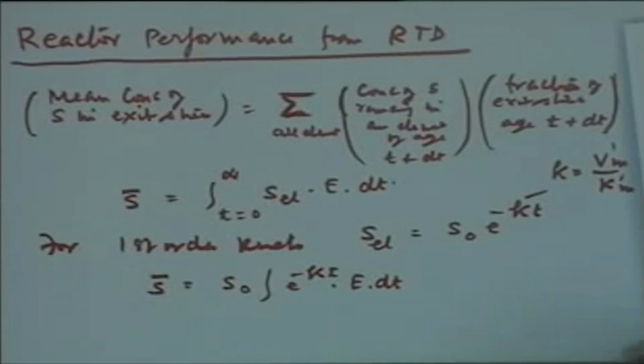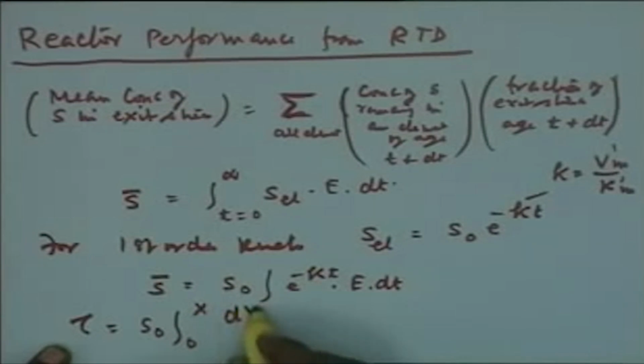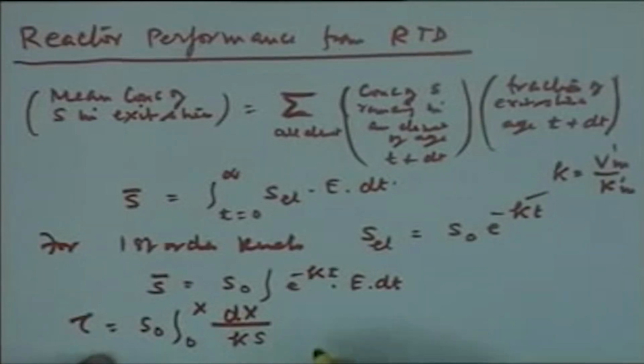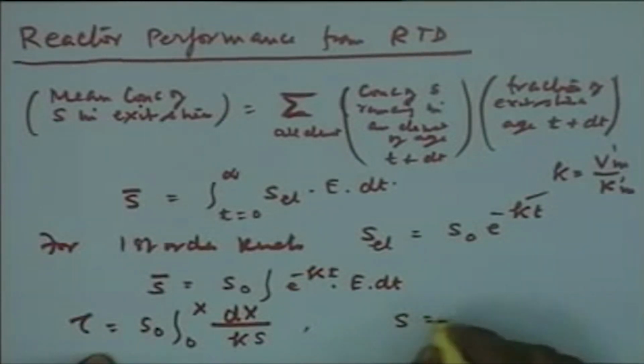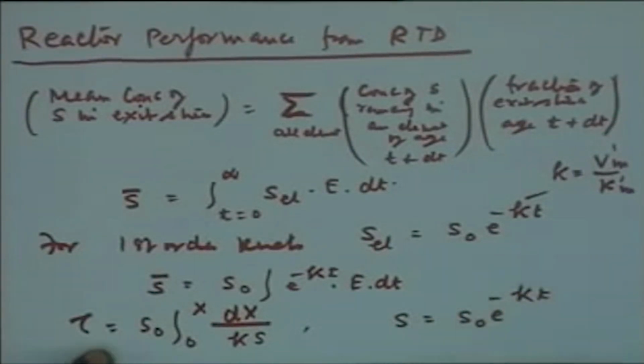Now on the other side, the same performance can also be judged by purely kinetic analysis. As you notice, in the case of a plug flow reactor, tau is equal to the integral from S naught to S of dS over k into S, the classical balance equation which gives you the performance of a plug flow reactor, and from this one can write S is equal to S naught e to the power minus kt.